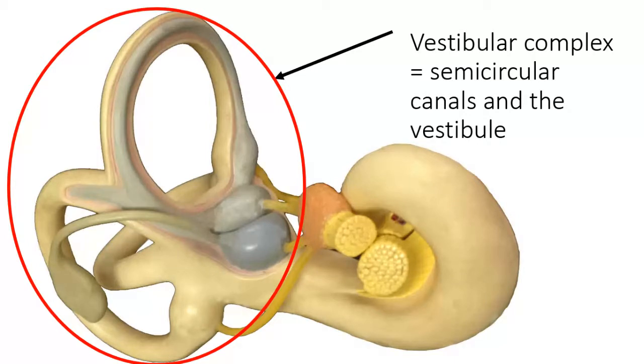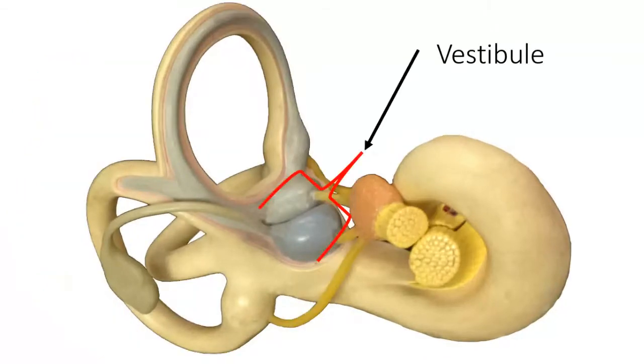So that's the semicircular canals. Here's the vestibule once again. The top one is the utricle, and the bottom one is the saccule. Both of those together make up the vestibule.